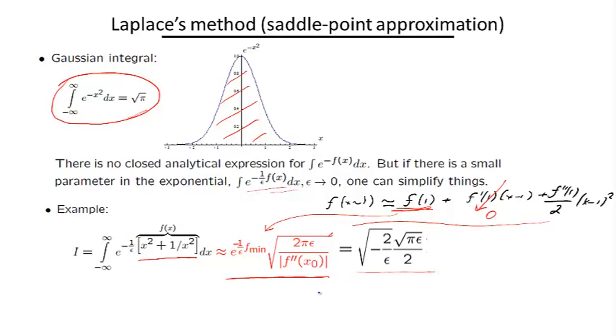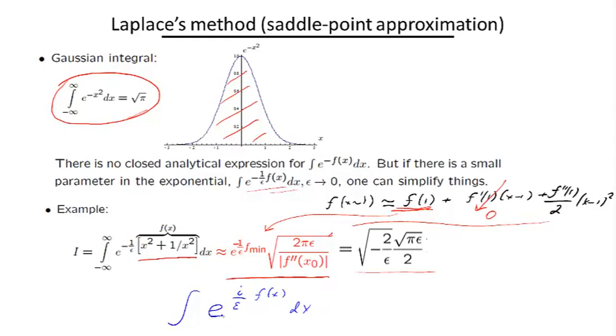Let me also mention another fact, which I'm not going to prove, but it's important for what follows: even if we have a slightly different integral, with an exponential of the imaginary constant i over some small parameter times f of x, this integral too can often be simplified using a very similar saddle point approximation to what we just discussed.